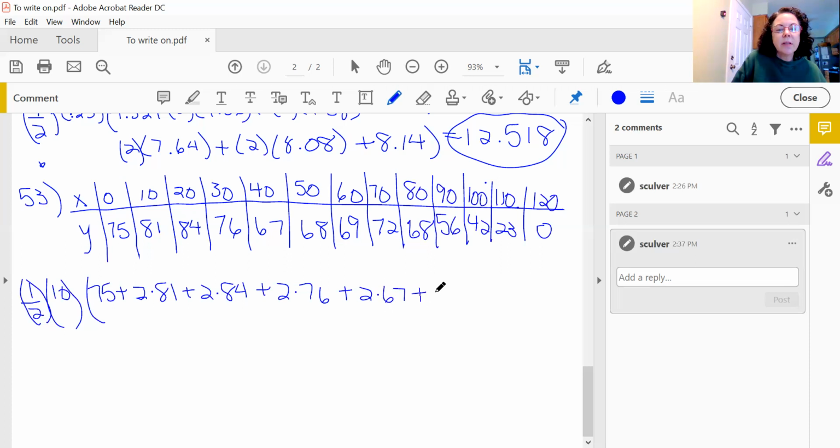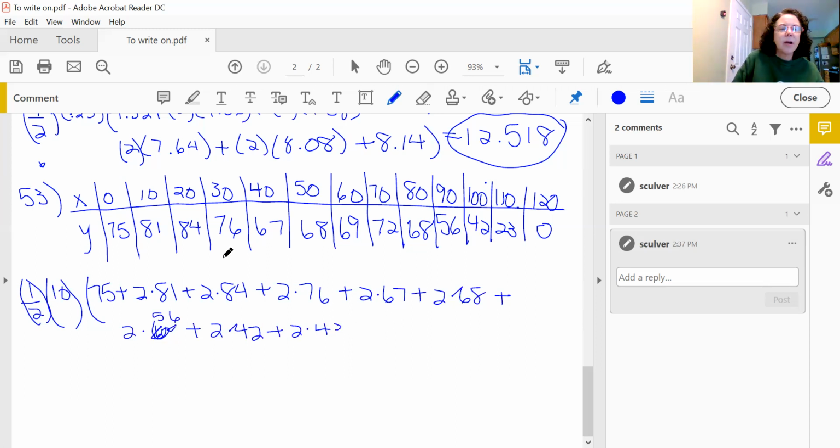And of course, the last base, when I get there, I will just write once. That was a 60, 68, 2 times 67, 2 times 68, 2 times 56. Let's scribble there. 2 times 56, 2 times 42, 2 times 43. And then we'll just use the 0 once.